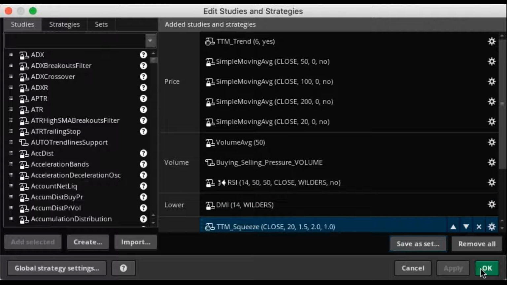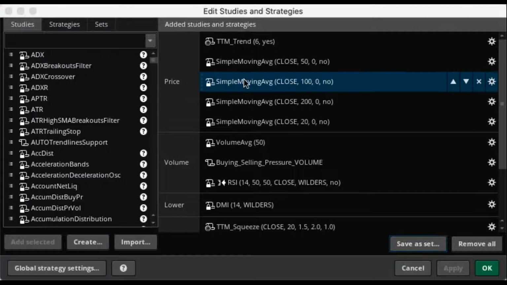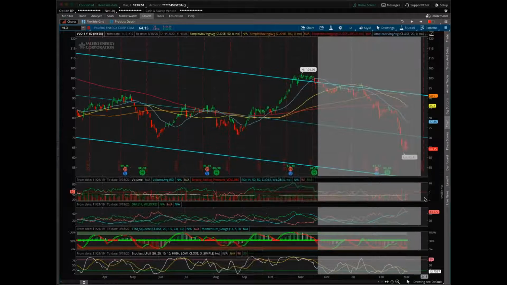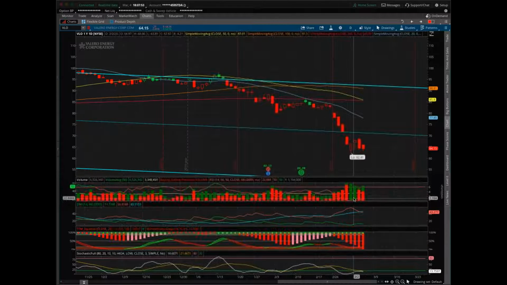And I'm going to push OK. And then my chart is going to look like this. So I have my RSI inside my volume here. I have my DMI here. I have my momentum here.